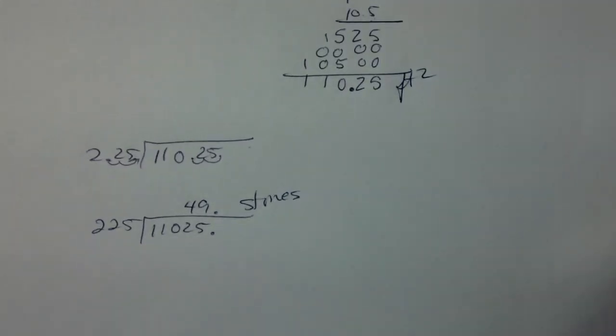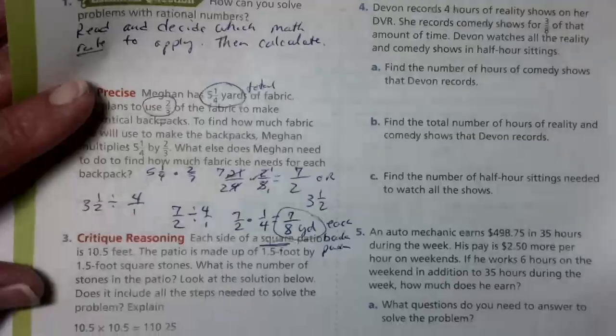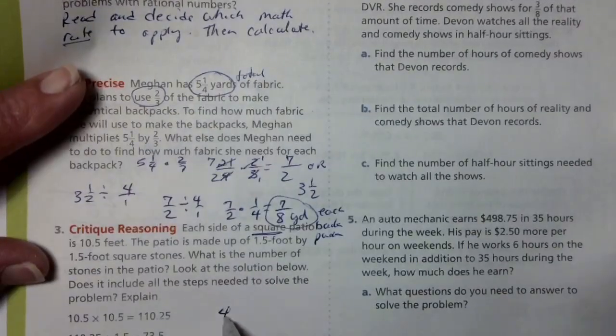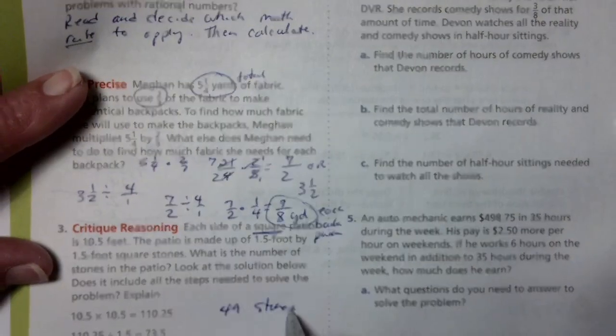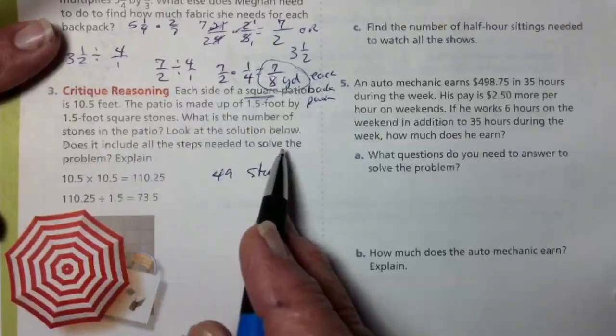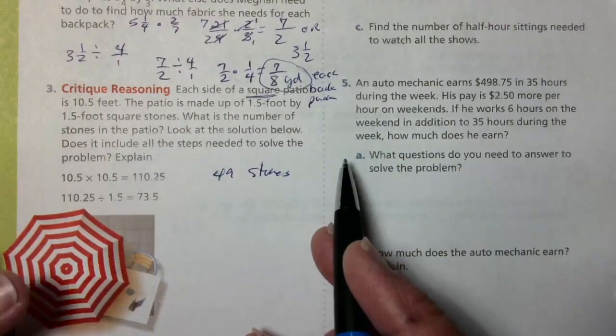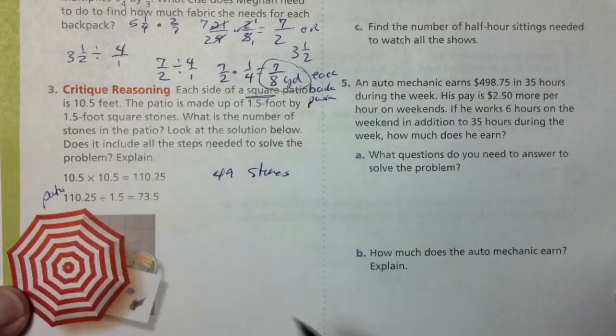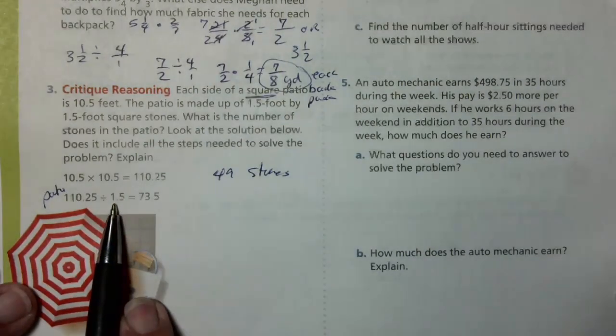And what was the question? Question was, what was the number of stones in the patio? We got 49 stones. And then it says, does it include all the steps needed to solve the problem? What did we do? Here's the area of the patio. Is this the area of a stone?